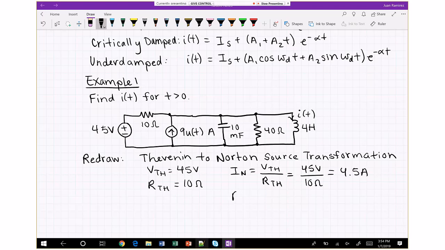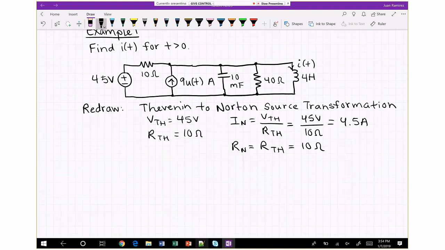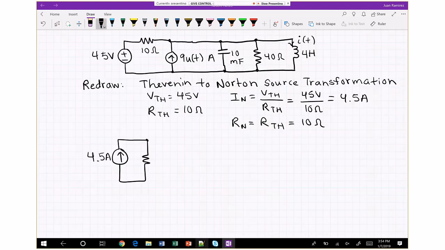Norton resistance is simply equal to Thevenin resistance, equal to 10 ohms. Okay, how does it look when we redraw it? Remember that Norton resistance is in parallel, not in series.